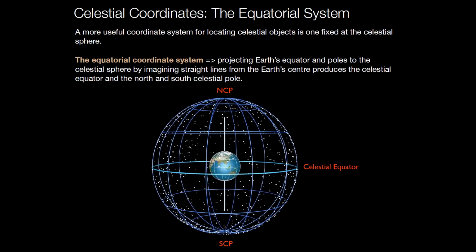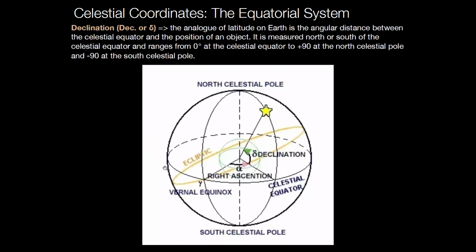Okay, so let's talk a little bit more about the celestial coordinate system, the equatorial system. So we've seen this diagram before. We've got a line projecting from the rotation axis of the Earth through the north celestial pole, the south celestial pole, and then we have a plane of the celestial equator. And the things that correspond to latitude and longitude lines are called, as I mentioned earlier, right ascension and declination.